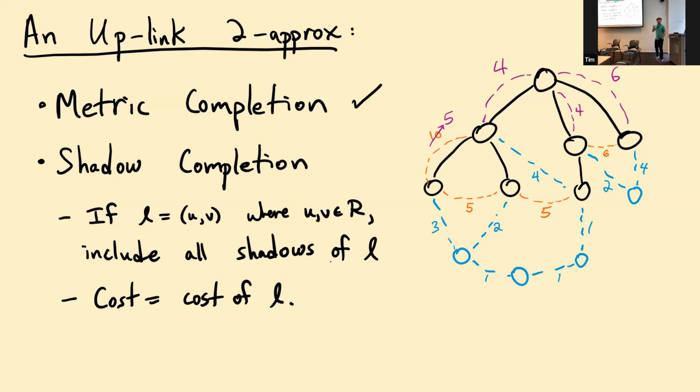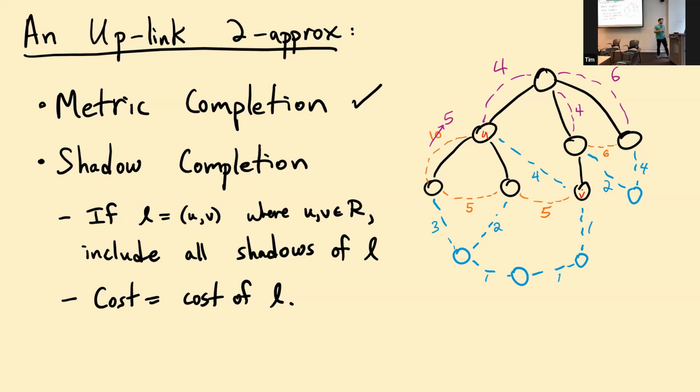If a link joins, let's say this link of cost 4, U and V, then I'll also assume there exists a link between any pair of nodes on the path between U and V, because that link would merely cover a subset of the edges covered by the original link.